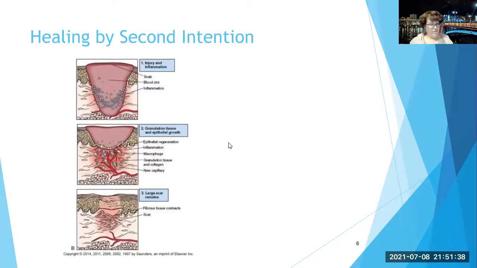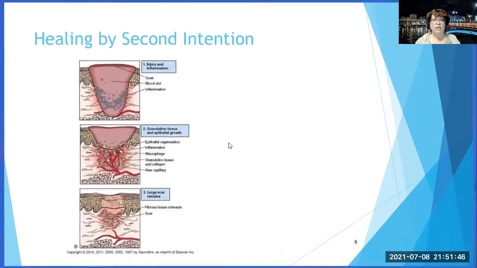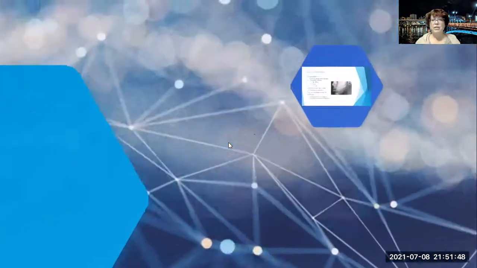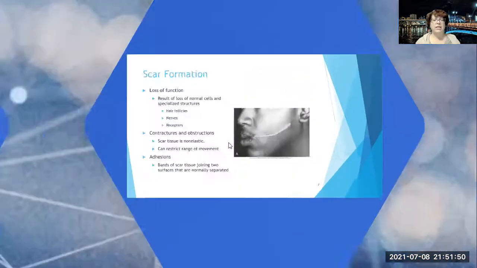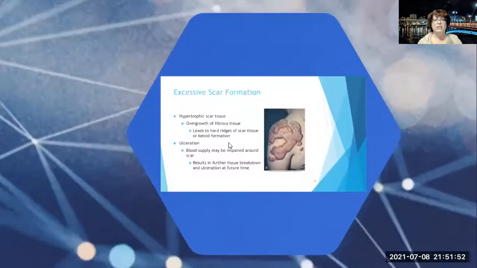So there are lots of factors that can promote healing or delay the process. There are two little purple boxes in the text that talk about which things promote healing and which things delay the process.